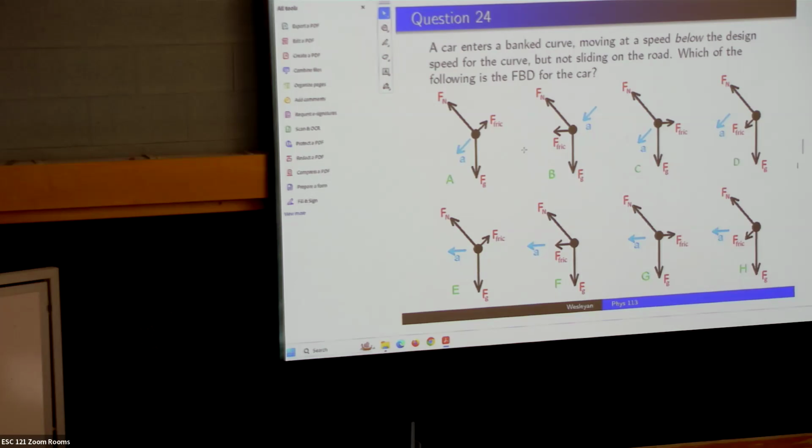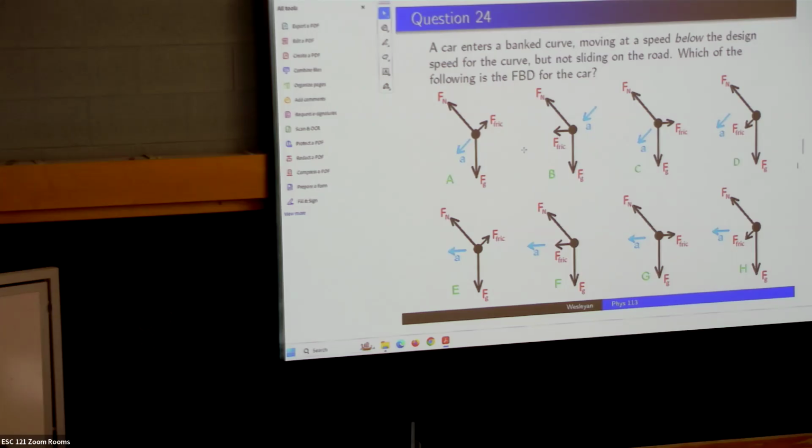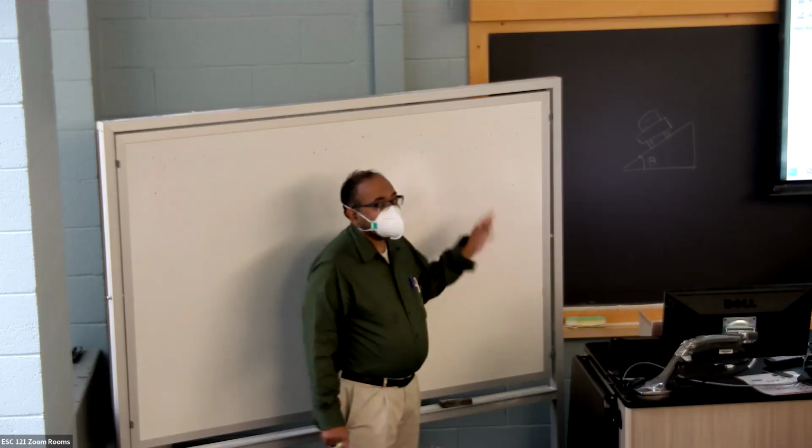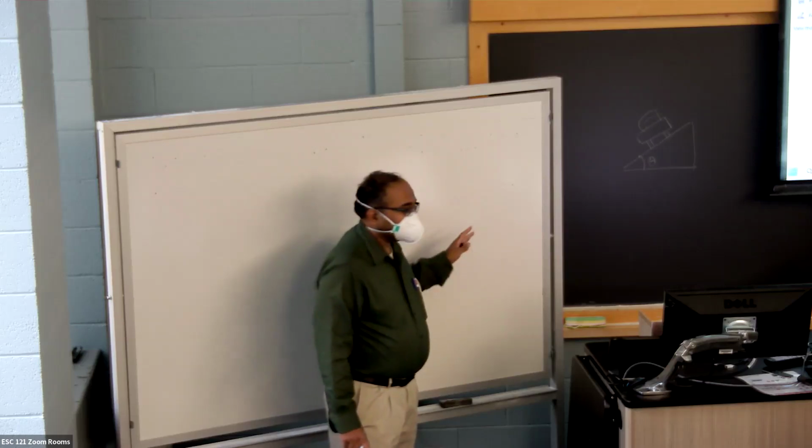So let's go over why that is. We know what a banked curve is, but the question is, what do we mean by the design speed for the curve? If the car is traveling at the design speed for the curve, what that means is that it doesn't need the help of friction to take that curve.